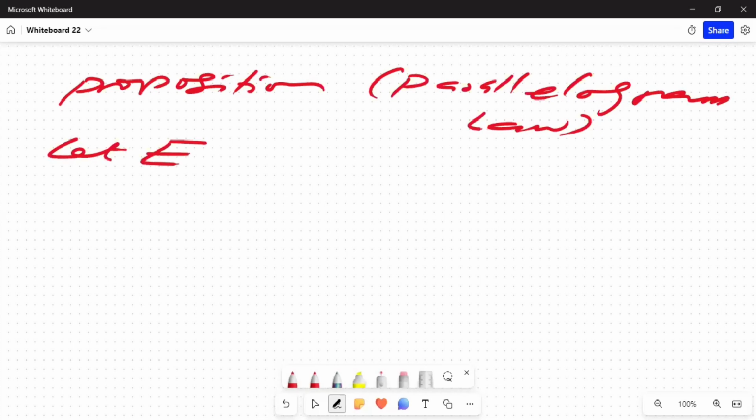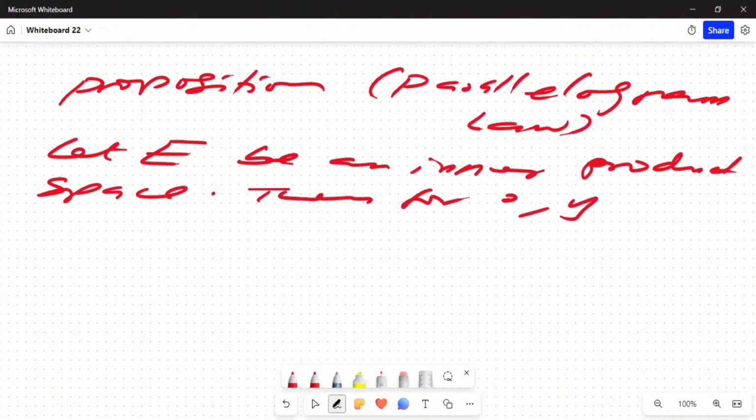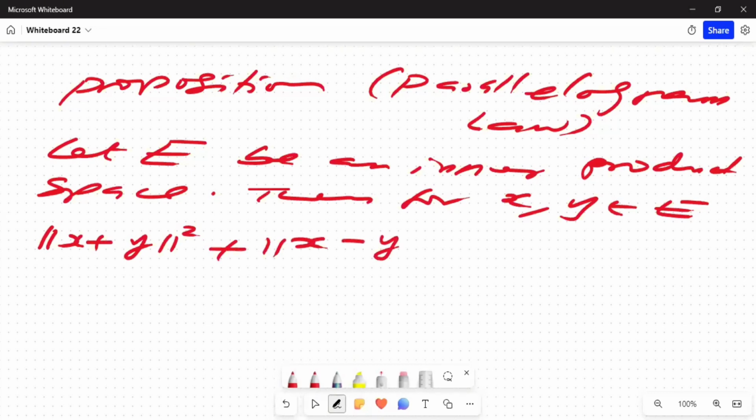If E is an inner product space, then for x, y vectors in E, we have the following equality: norm of x plus y all squared plus norm of x minus y all squared is equal to 2 times norm of x squared plus norm of y squared.